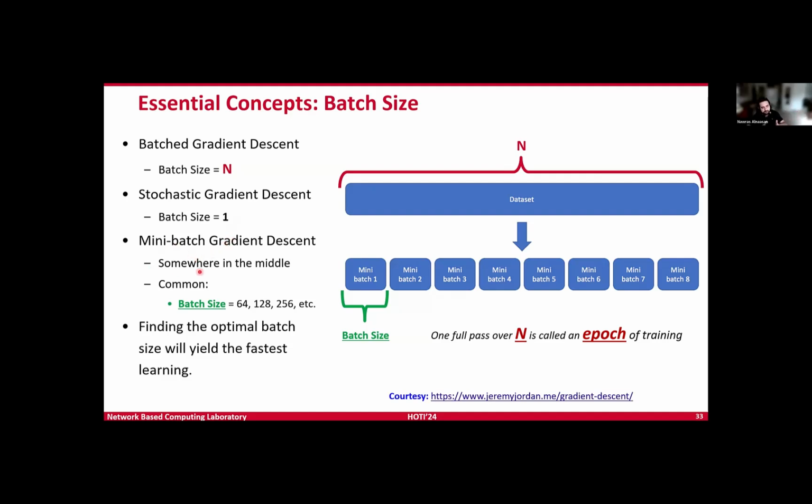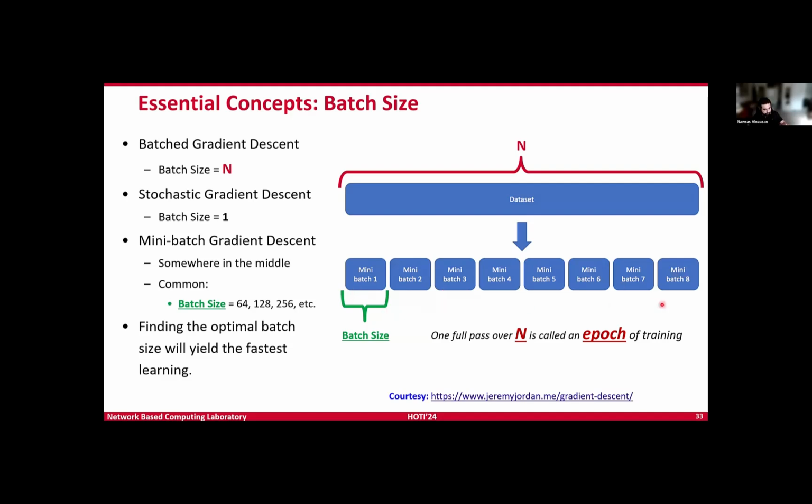So that's why we have something in between, the mini batch gradient descent, where we take a number of samples from the data set, randomly selected. You usually select the number of samples in powers of 2: 64, 128, 256. So that is a mini batch. Based on that mini batch, again, we do the forward pass, the backward pass, we update the network, and then we proceed to the next mini batch until we finish the entire data set.